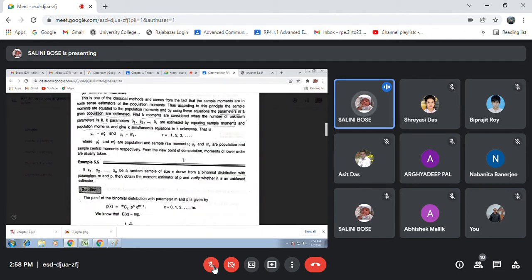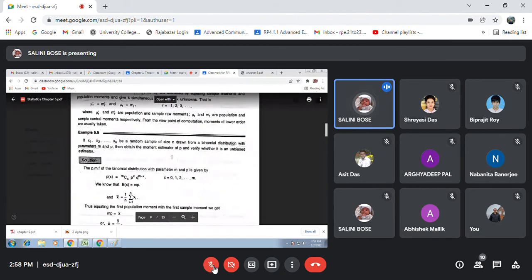So, this is under method of moments. At first you have to equate the sample moment with the population moment. In binomial distribution, this is the probability mass function. You learned it already in the first chapter.